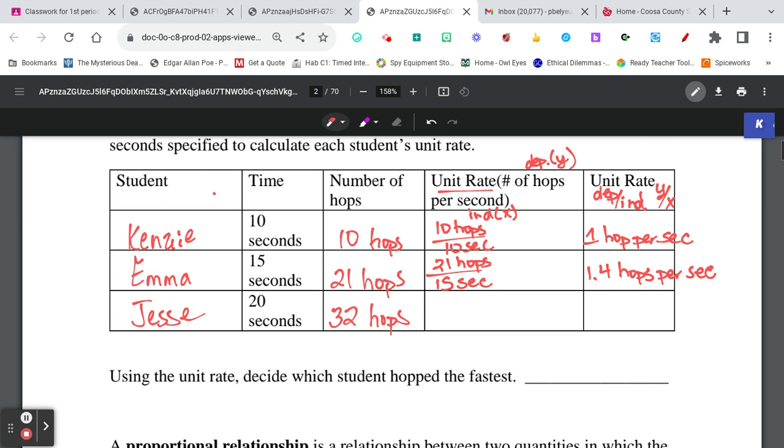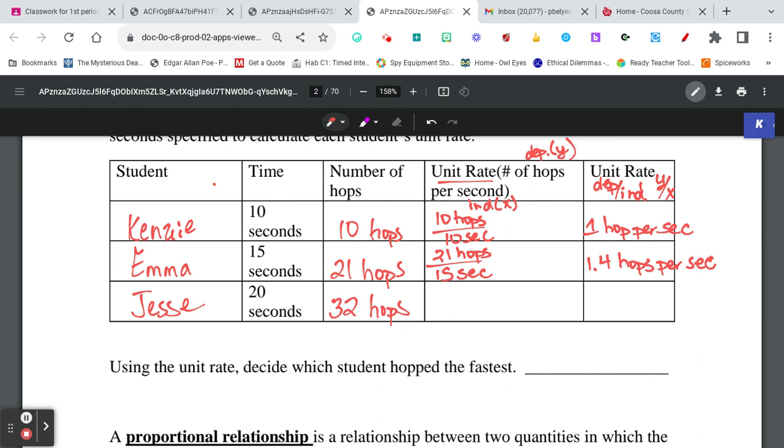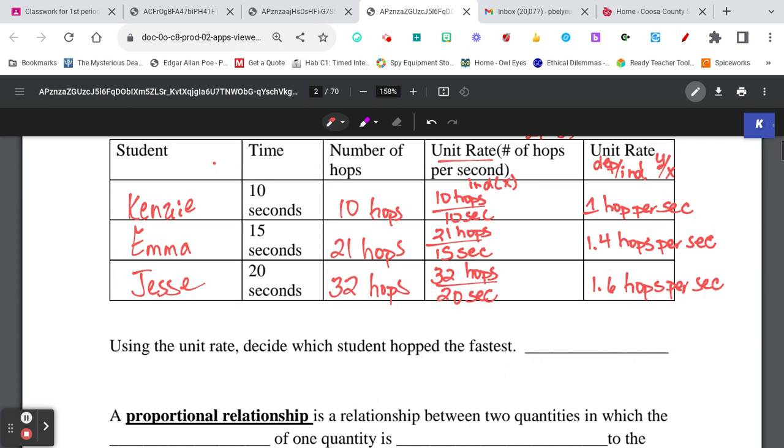And what about Jesse? If Jesse hopped 32 times in 20 seconds, let's do 32 hops divided by 20 seconds. What was it? 1.6, approximately 1.6 hops per second. So it says using a unit rate, decide which student hopped the fastest. That would be Jesse.